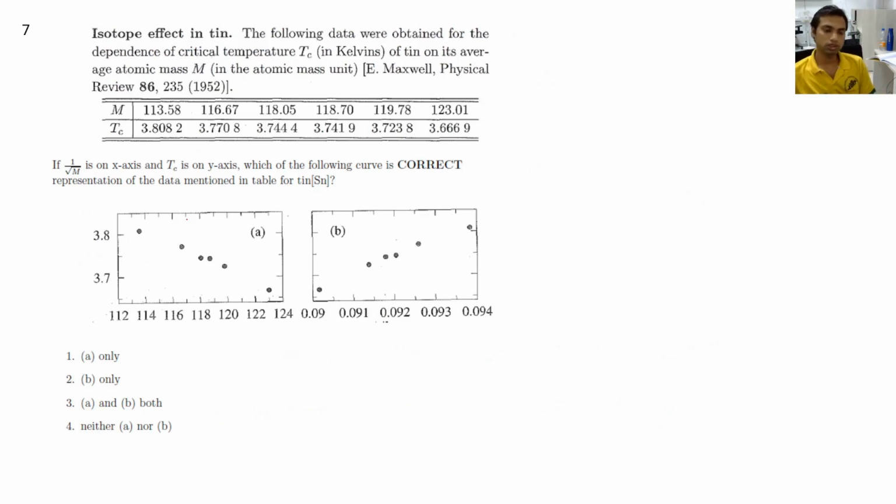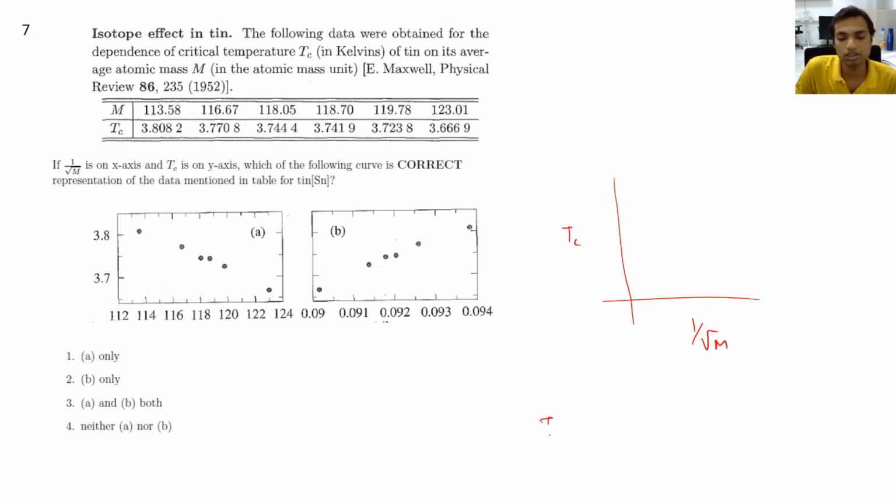The seventh question is asking about the isotope effect in tin. The following data were obtained for the dependence of the critical temperature Tc of tin on its average atomic mass M in atomic mass unit. If 1 by root M is plotted on the x-axis and Tc on the y-axis, which of the following curves is the correct representation of the data for tin?